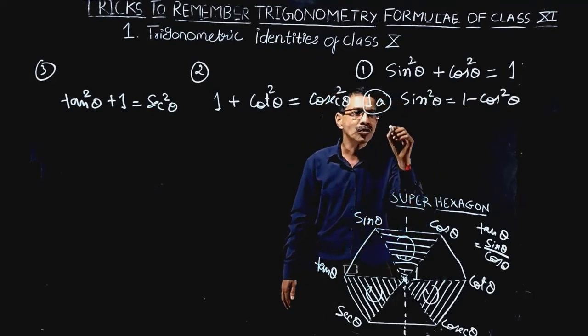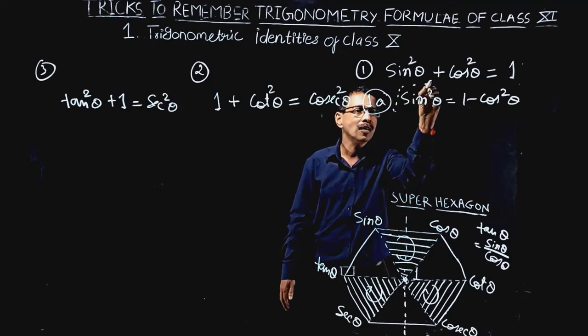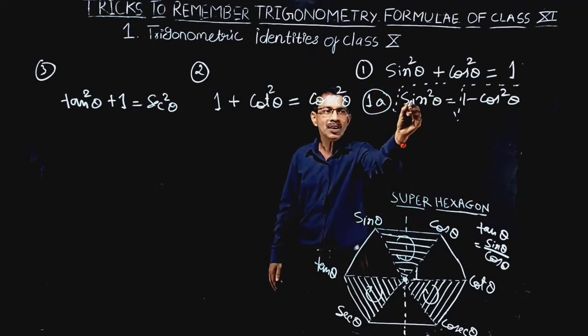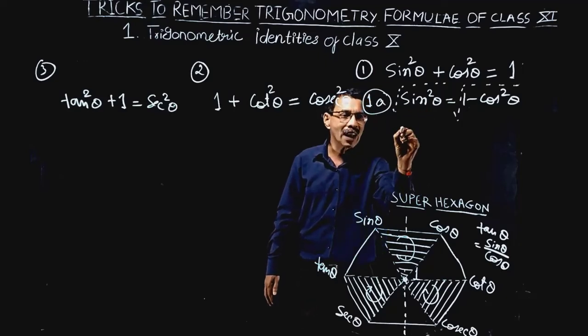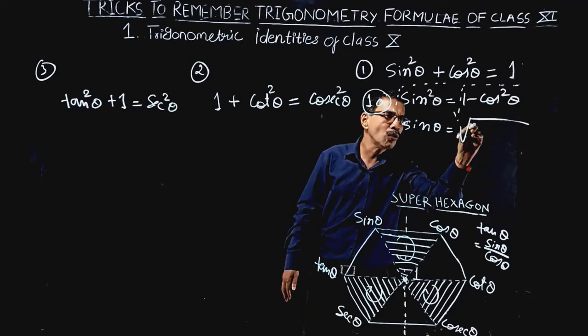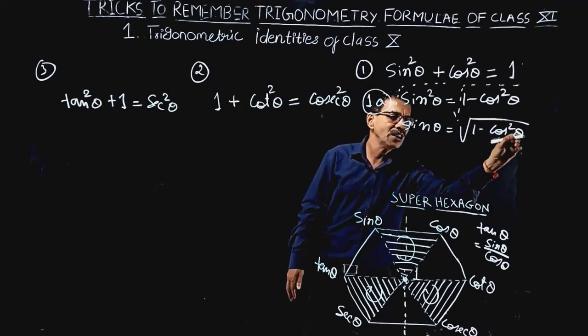And when I put square root on both sides, the square root of sin square theta will become sin of theta, and this will be equal to square root of 1 minus cos square of theta.